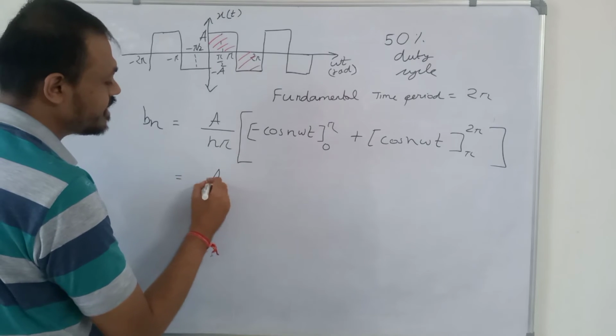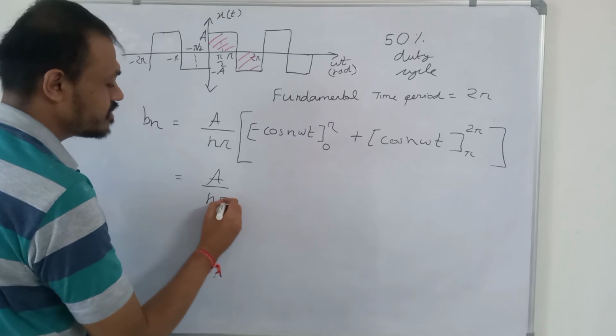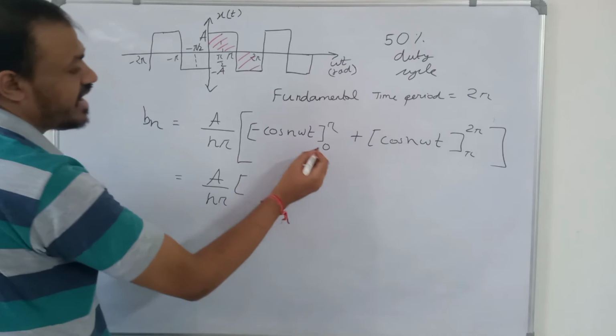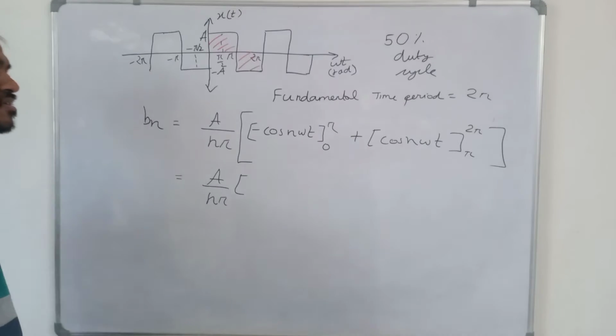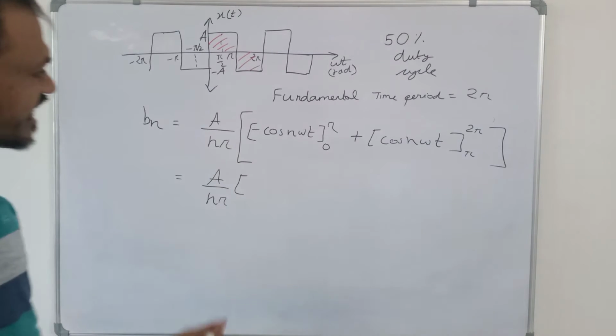So this will be equal to a upon n pi, and cos of 0 is 1, so we can write it like this.